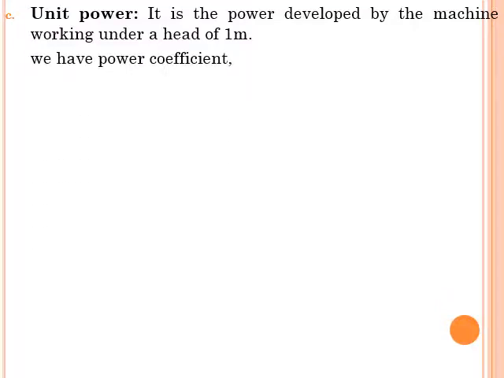According to the power coefficient relation, the pi 3 term equals P by rho N power 3 D power 5, so P is directly proportional to N cube D power 5, as rho is constant. Now we can write N cube D power 5 as N square D square into N D power 3.